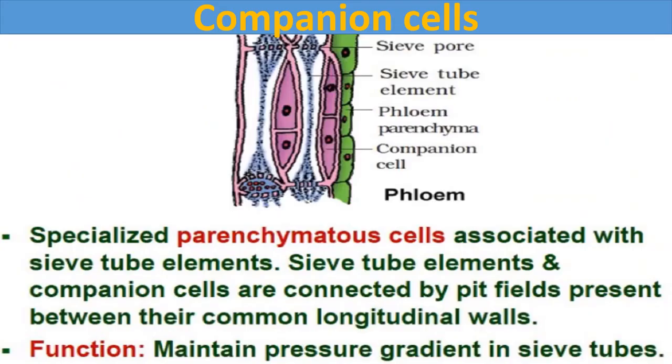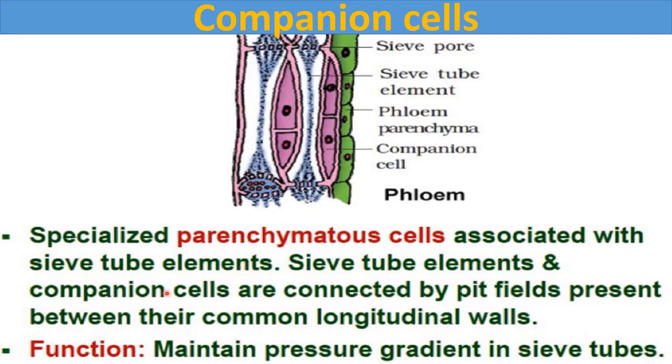The next element of phloem tissue is companion cells, and companion cells are specialized parenchymatous cells. It means these cells are parenchymatous here. So specialized parenchymatous cells are present as companion cells associated with sieve tube elements. As you have seen in the diagram, sieve tube elements are in association with companion cells, right?